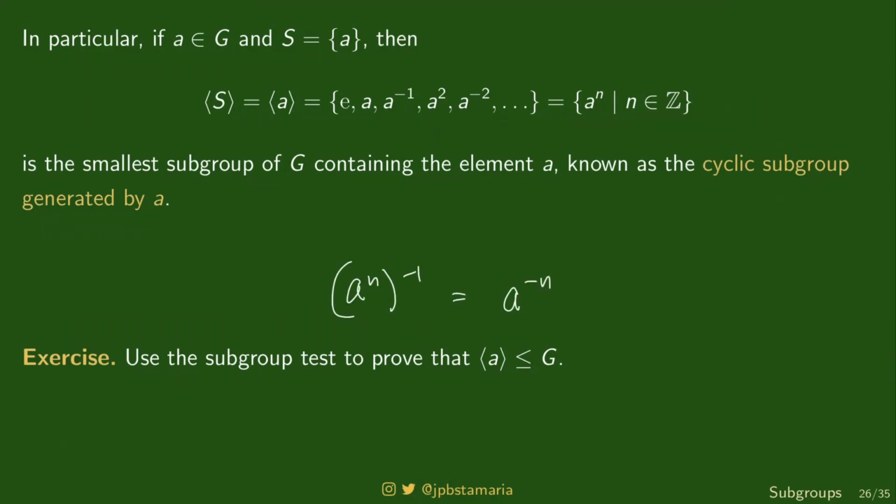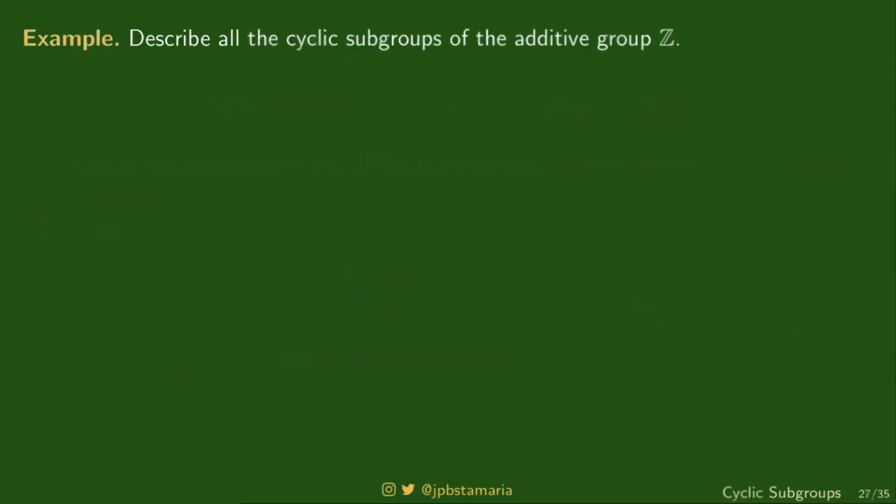Correct? O kaya nga yan ay subgroup. In fact, you don't even need to check. But just in case you were curious, there you go. So, halimbawa, let us describe all the cyclic subgroups of the additive group Z.